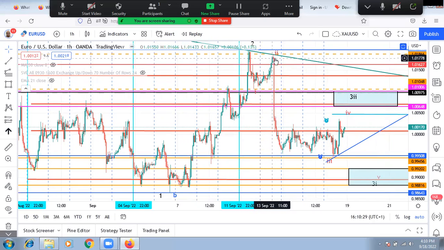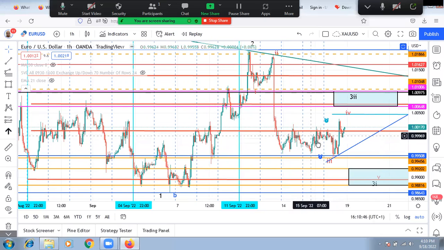And typical of a 3, you can see the momentum. This is typical of a wave 3 to the downside. Now the price came down here, and these are not giving us an ending diagonal here.